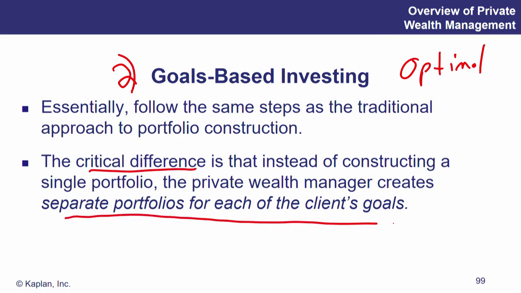You're going to create multiple portfolios, plural. So each of the client's goals is going to have a separate portfolio. Instead of one portfolio to handle everything, we're going to have separate portfolios for each of the client goals. Okay, moving on.